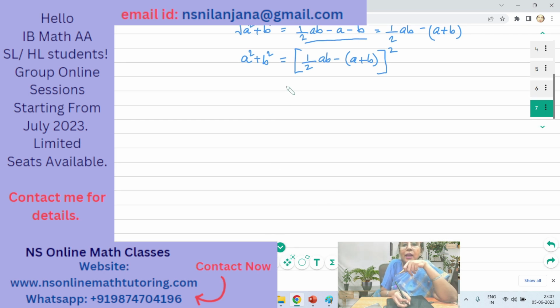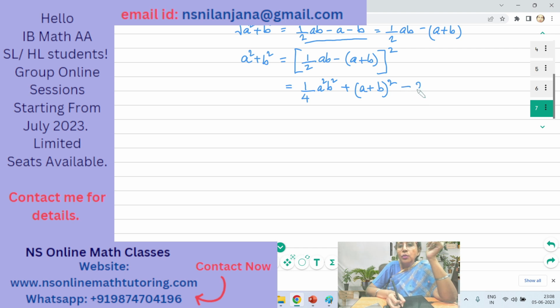So this is, I'm just expanding the right side because we don't have anything else to do to the left side. This is a minus b or x minus y whole square, which will be equal to x square. So that is half ab whole square, which is 1 over 4 a square b square, x square plus y square, so a plus b whole square, minus 2xy.